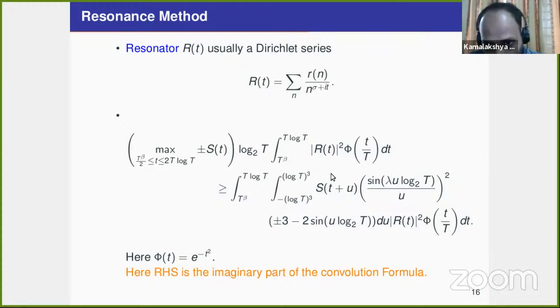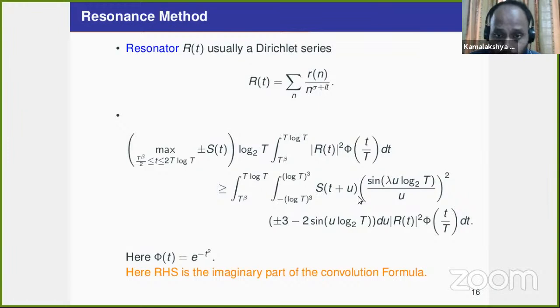Now what remains? This integral from minus log T cube to log T cube of (sin u by u) squared is a bounded integral, but we have a double log T over here. So we normalize this double log T, and after normalizing, we'll get a double log T from this integral, right?